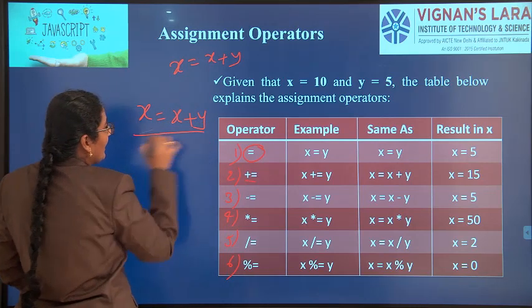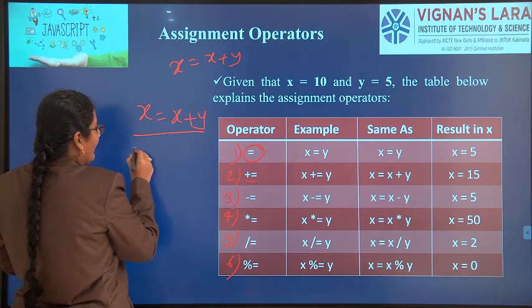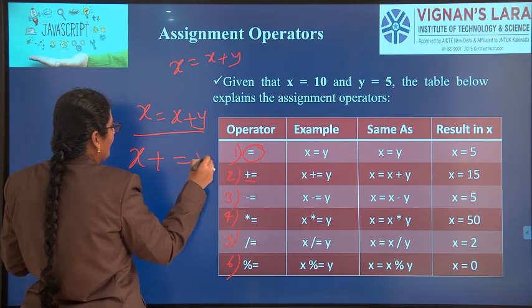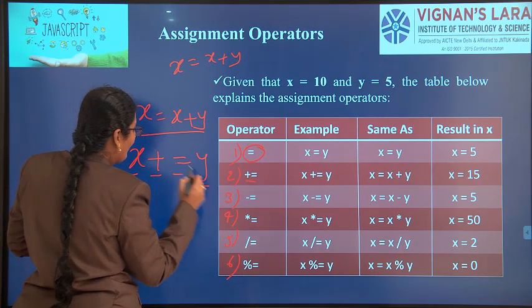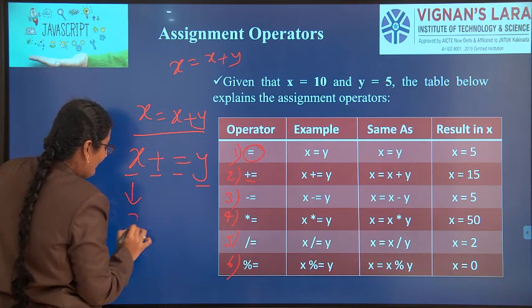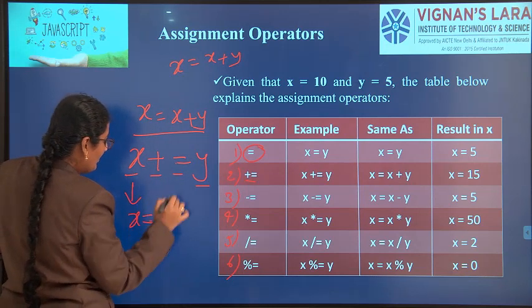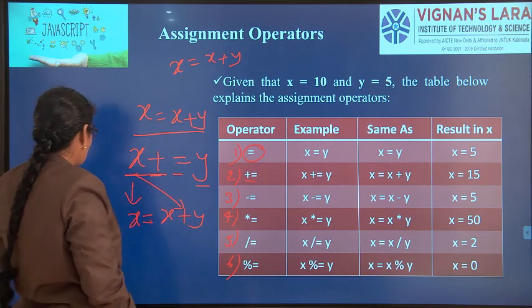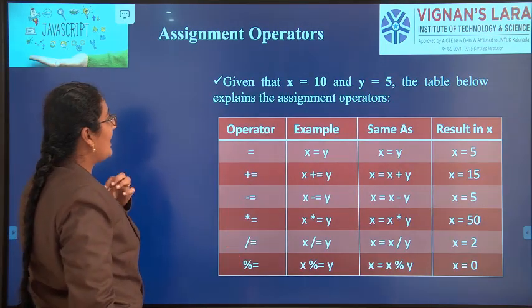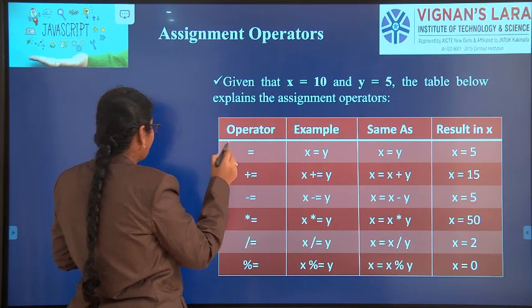This is the expression I want. This I can also write as x plus equal to y, nothing but x plus equal to y. What we will do? x will be equal to x plus y. This x plus also we are taking here. So same way, what are the assignment operators we have? Equal to.